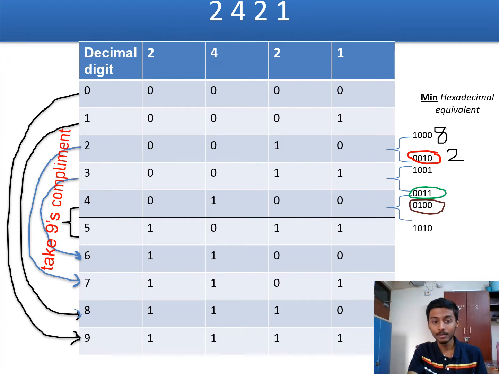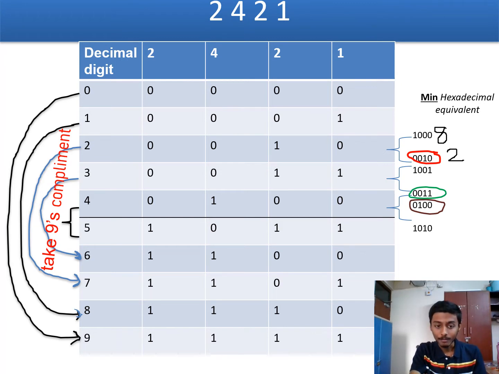We consider this imaginary line as a mirror, and whatever decimal number is in the mirror position, we pair it with this number. After pairing, we take the 9's complement of that paired number's code and write it as it is. It will be our 2421 coding for that number.